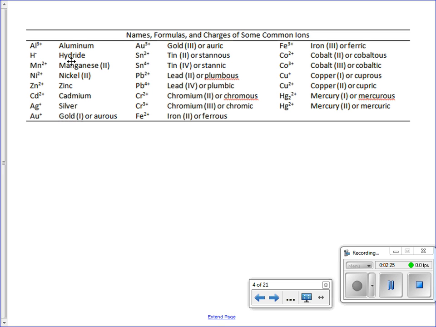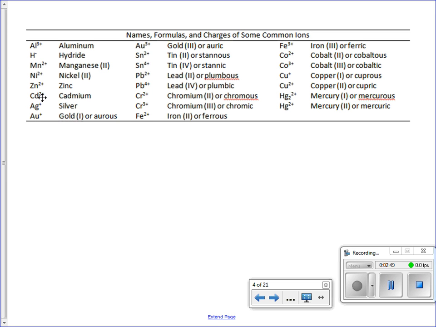You'll find those at the end when hydrogen is the second element listed in a binary compound. Additionally, you should know that nickel carries a +2 charge, and zinc carries a +2 charge, and silver carries a +1 charge. So those are the 3 common transition metals that we see in this course that don't have charges that vary.